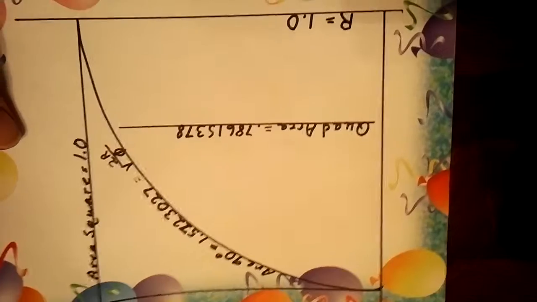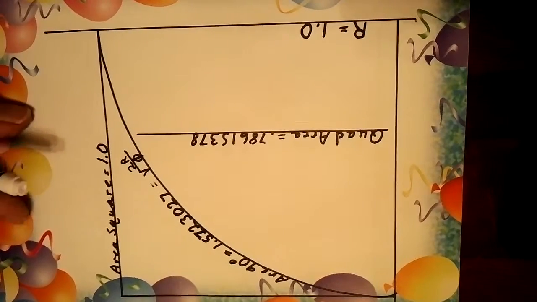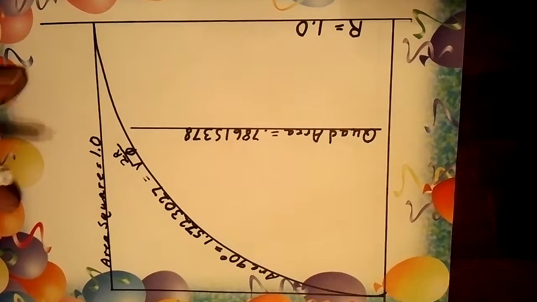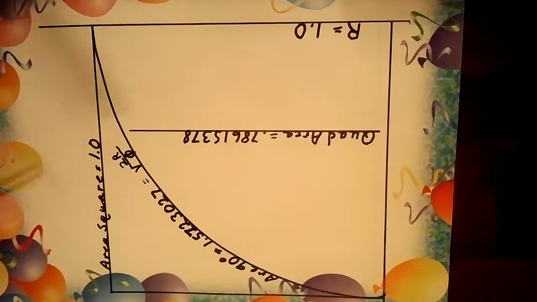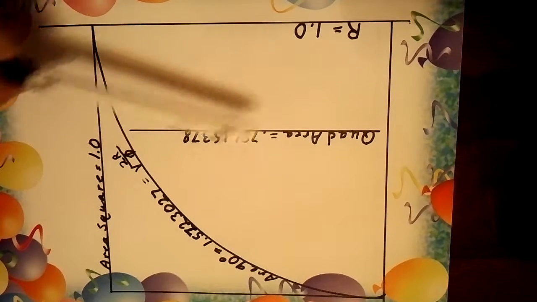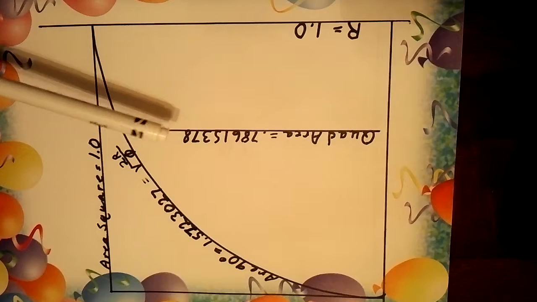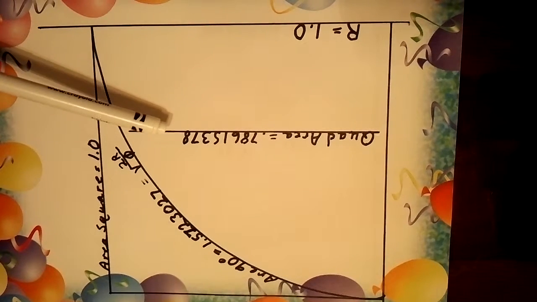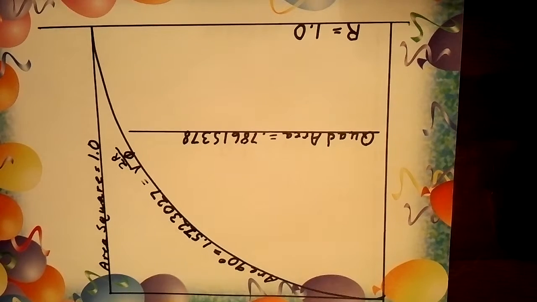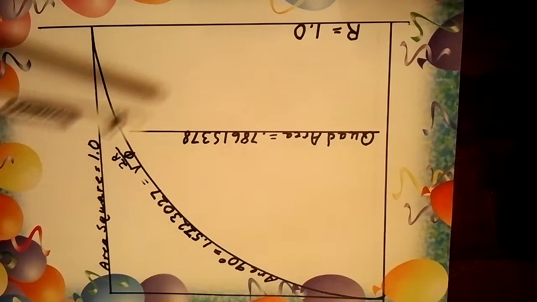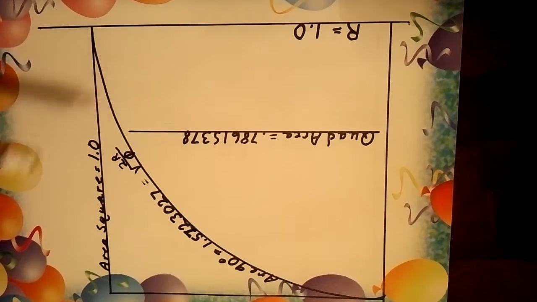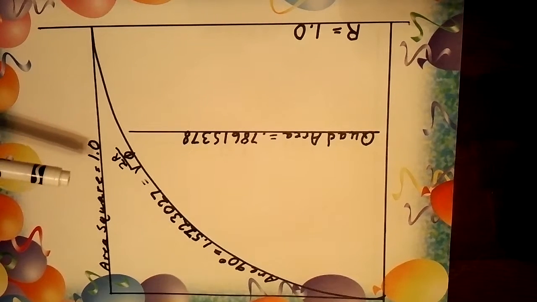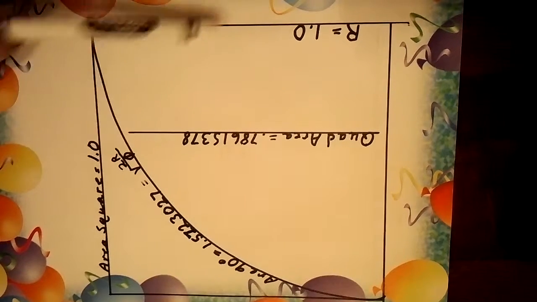And this is back to the unit circle that everyone is familiar with, where the radius equals 1. Your quadrant area is 0.78615378, which is actually 4 over the square root of phi, 1 over the square root of phi.